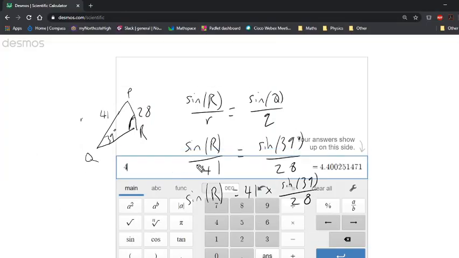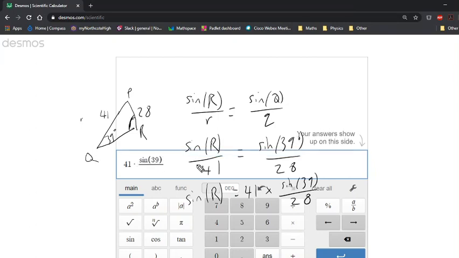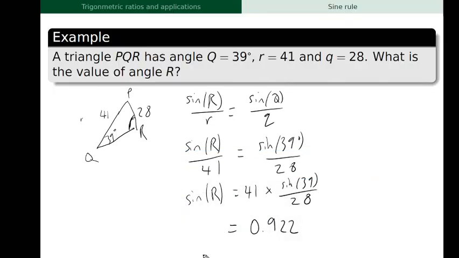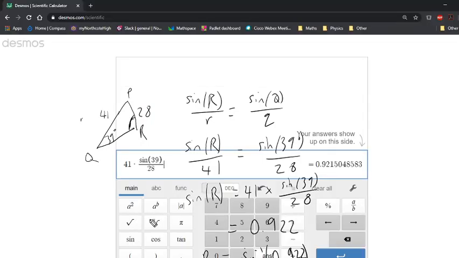Let's put that in our scientific calculator again. So we get 41 times sine of 39 all over 28, and we get 0.922, let's call it. If we want to get R, we can do inverse sine of 0.922.